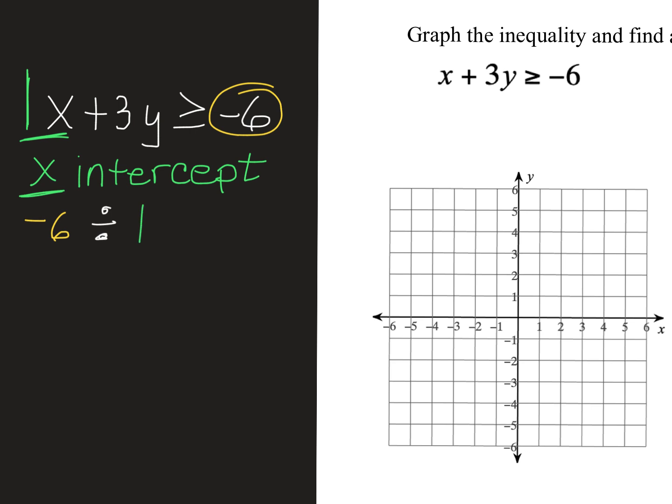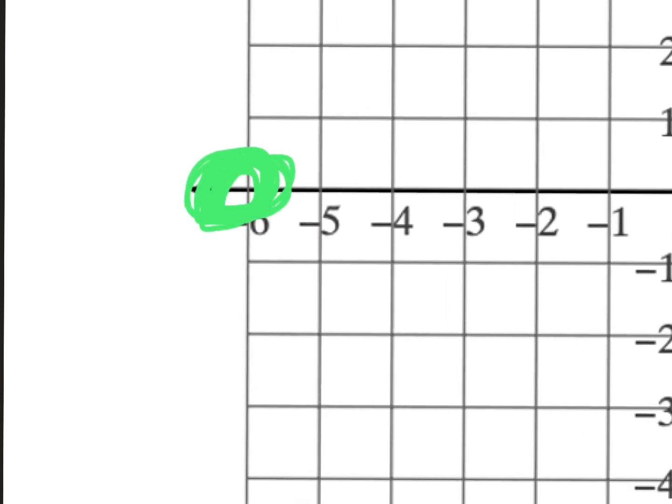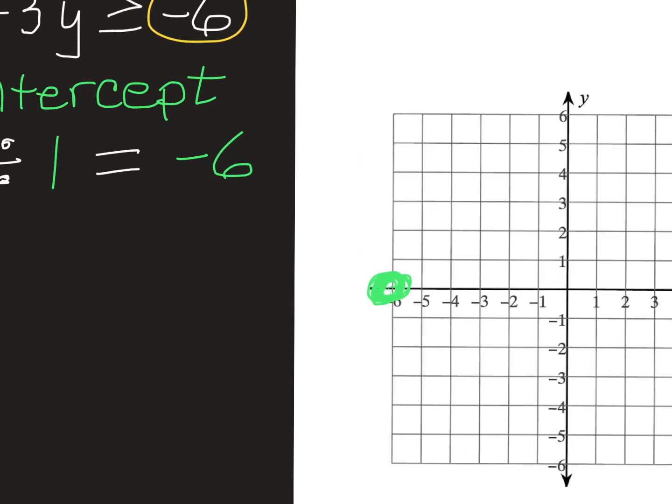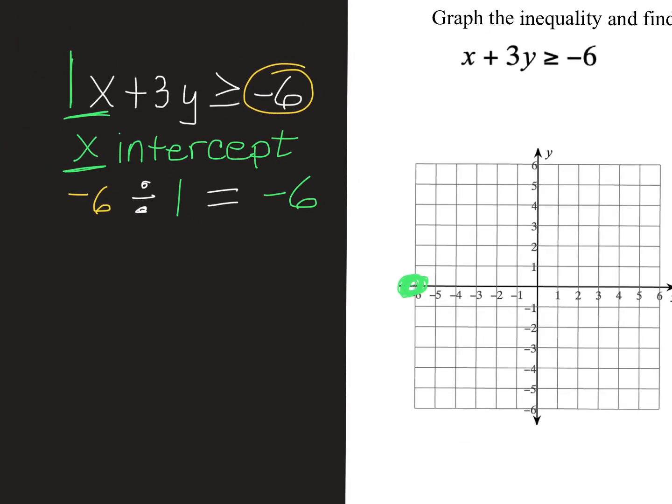So -6 divided by 1 gives me -6. So we will have a coordinate right here on the x-axis right at the -6 to represent the x-intercept.